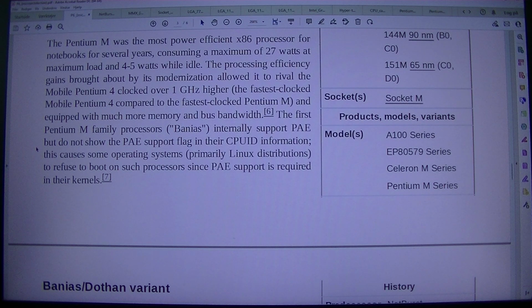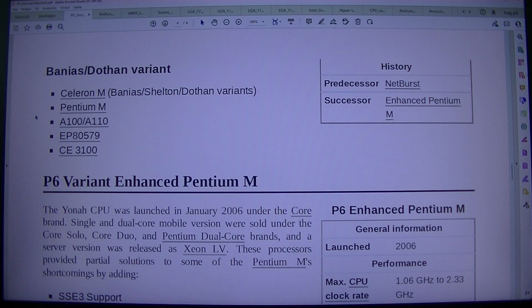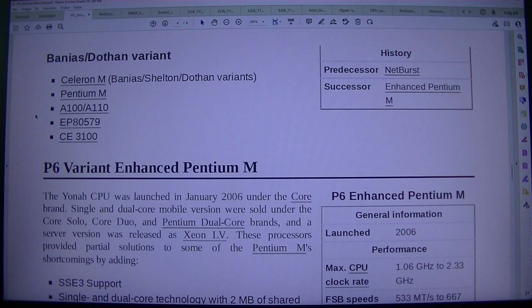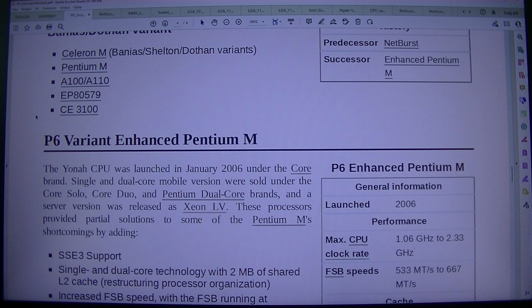History. Predecessor: NetBurst. Successor: Enhanced Pentium M. Banias, Dothan variants: Celeron M. Banias, Sheldon, Dothan variants: Pentium M, A100, A110. EP80579, CE3100. P6 variant: Enhanced Pentium M. General information: launched 2006.